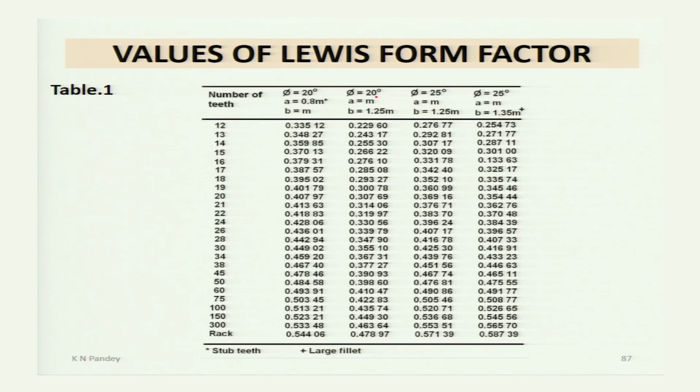So, it is clear that the Lewis form factor varies with the form of the gear tooth, pressure angle and number of teeth. For a fixed number of teeth, for 20 degree pressure angle it was 0.2296 and for 25 degrees it is 0.276, and so with the increase in pressure angle the bending stress will decrease in a gear tooth.